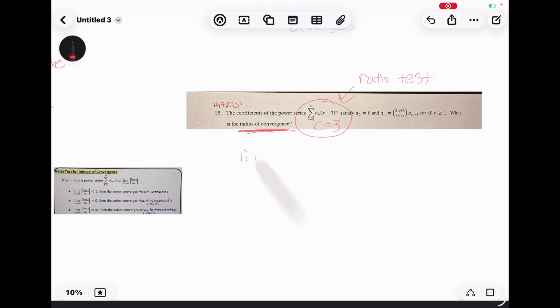So if we have the limit as n goes to infinity of a sub n plus 1 over a sub n, and then a sub n times x minus 3 to the n, right? That's what's given in our original problem. If I were to just do the ratio test, that would be a sub n plus 1, and then x minus 3 to the n plus 1, right?